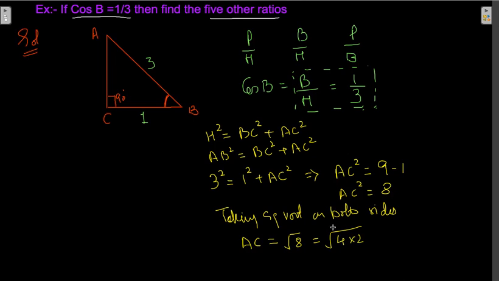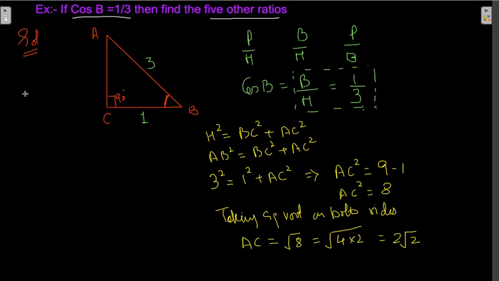And we all know that the square root of 4 is 2, because 4 is nothing but the square of 2. So 2 comes outside, 2 under root 2. Most of the people who are watching this video would be aware that the square root of 8 is 2 root 2. But again, there's no harm in writing a couple more steps.